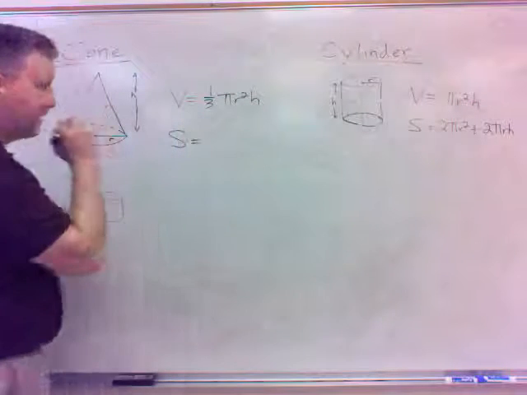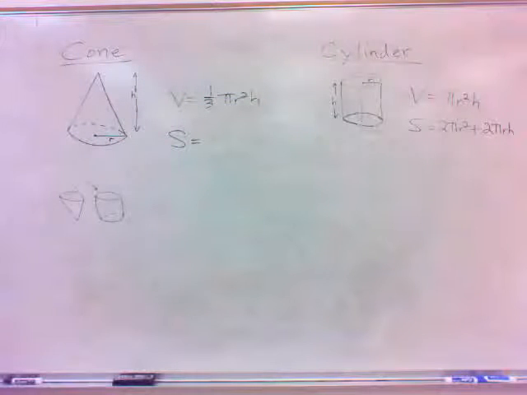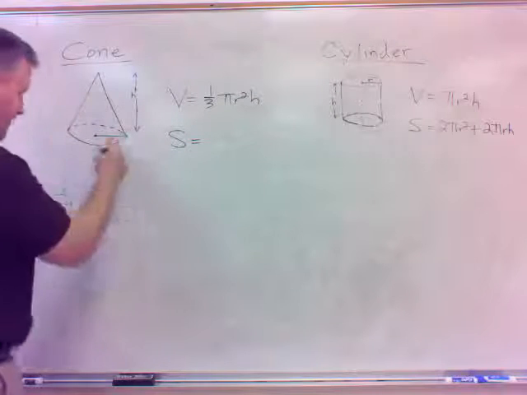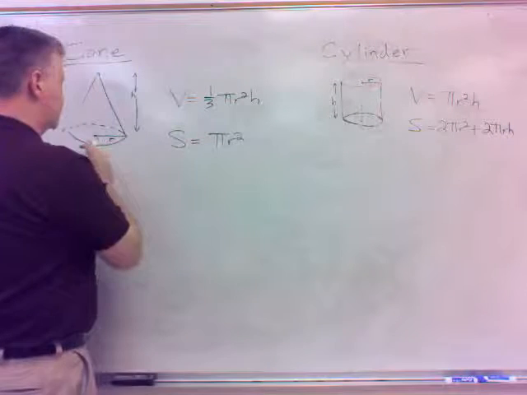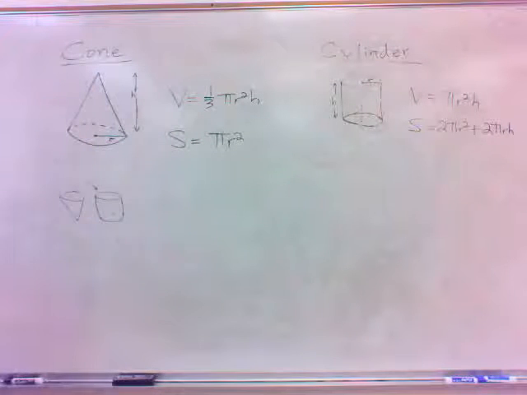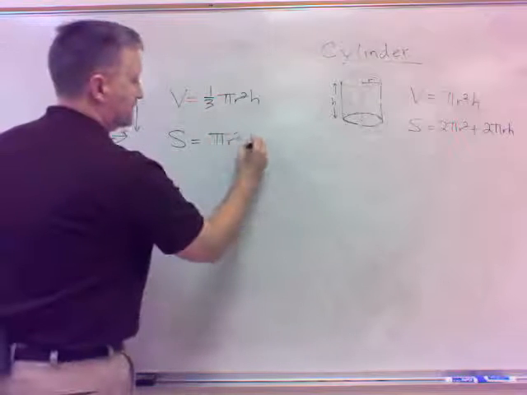Now, on the surface area. Well, one of them is easy to explain. One of the surfaces, I've got a bottom surface that's a circle, so that's pi r squared, isn't it? Area of the circle is pi r squared. So that surface is that.